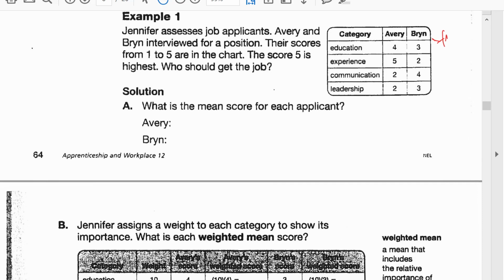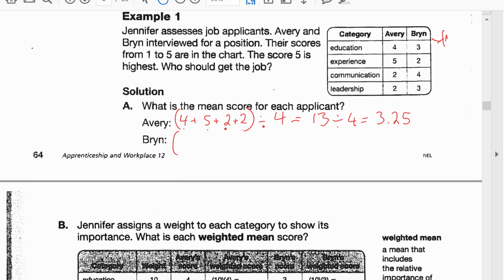So the mean is, we're going to add for Avery, so she's got 4 plus, that's education, plus 5 plus 2 plus 2. And we're going to divide it by the number of them, which is 4, because there's 1, 2, 3, 4 of them. Good, and that'll equal 13. Divide that by 4, her average score is 3.25.